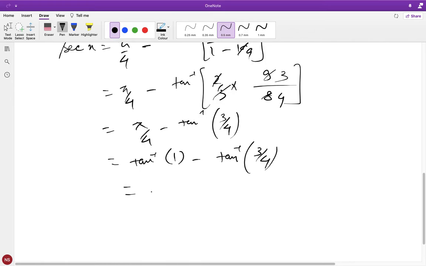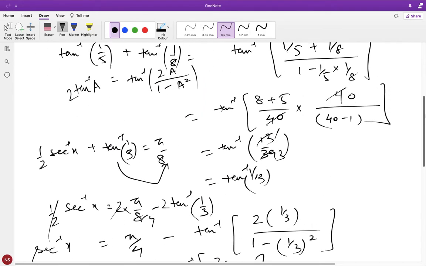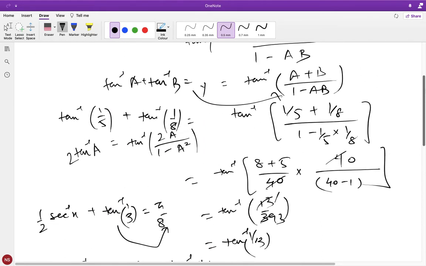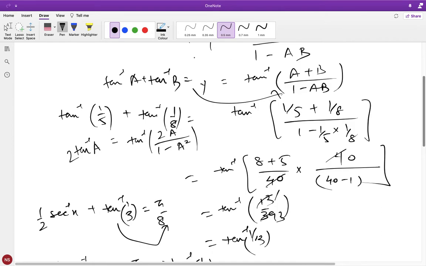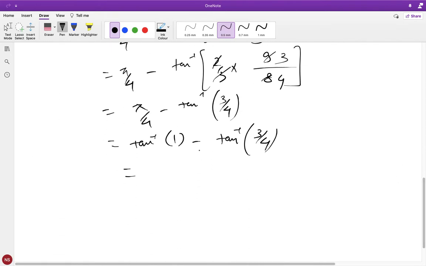So we will use the formula again of tangent inverse of a minus tangent inverse of b. If I put minus b instead of b, this will become tangent inverse of a minus b by 1 plus ab.